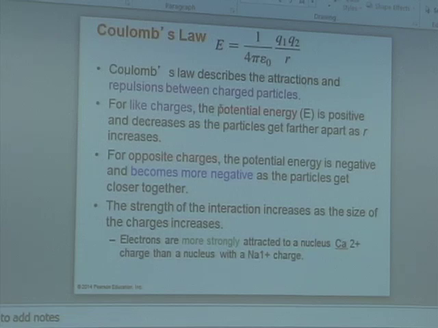For like charges, the potential energy is positive and decreases as they get farther apart. But for opposite charges, it becomes more negative as they get closer. So when you take a look at calcium, it has a 2+ charge. The electrons are more strongly attracted to a 2+ charge than to a nucleus with a 1+ charge. Okay, so you'll want to remember that.